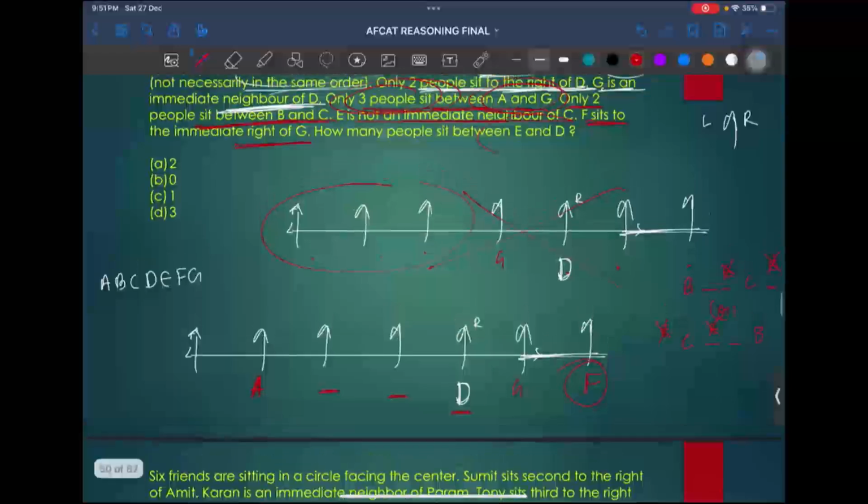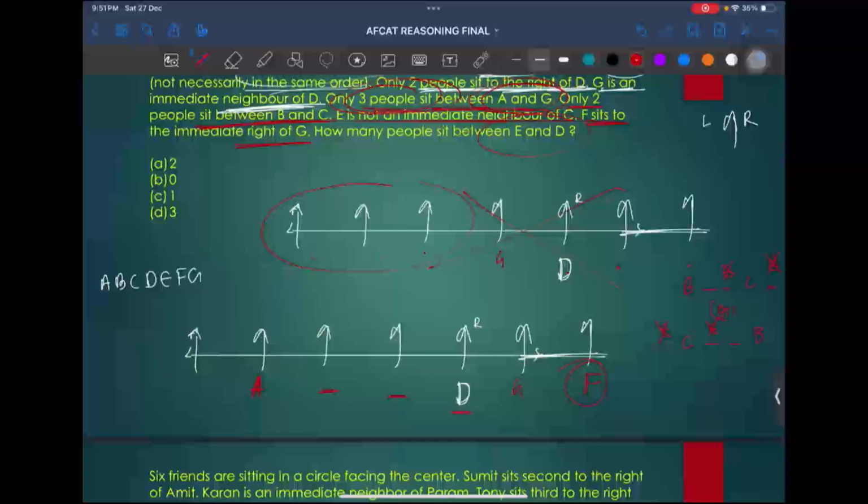So how many persons are there between E and D? From this last statement, I need to fill this one or this one.